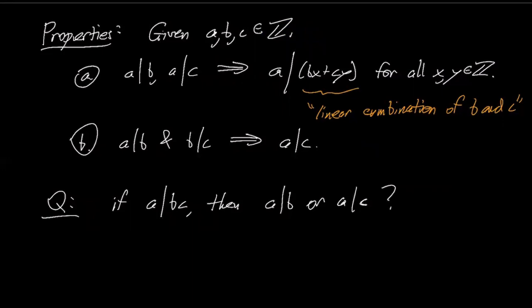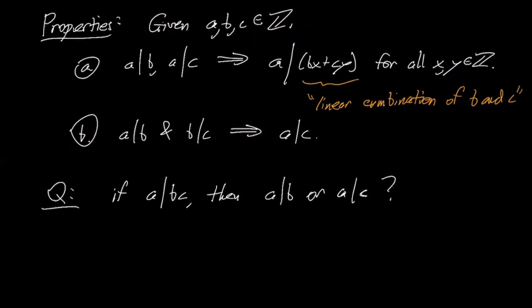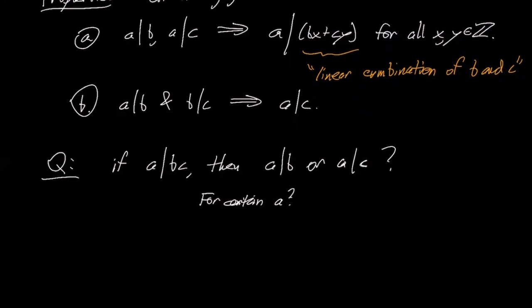Like, if a divides bc, does that mean a lives inside b, or a lives inside c? Neither, both? If it's not always true, are there certain a for which this works? Something we'll explore.